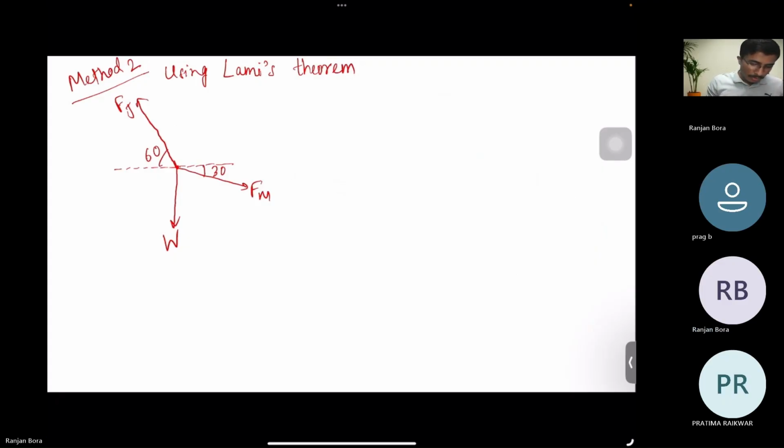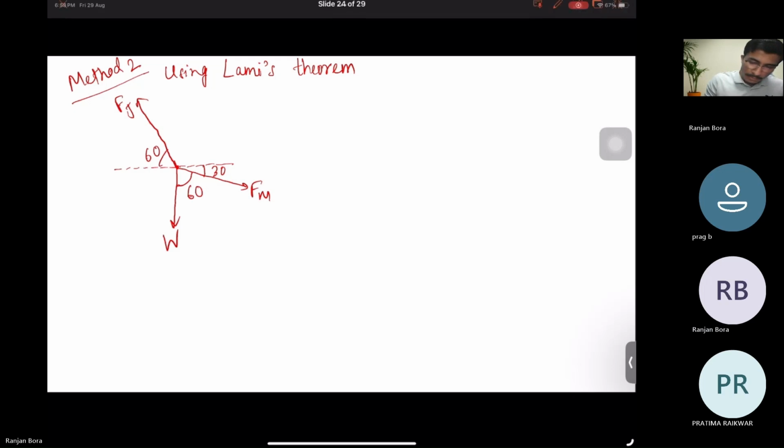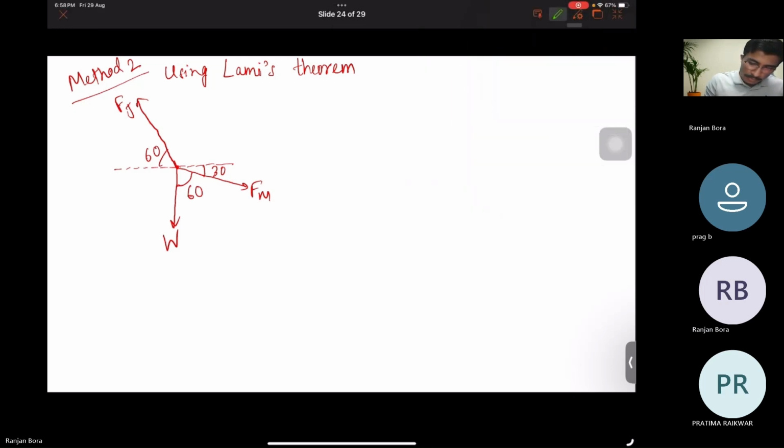So what are these angles? This angle is 60. What is the total angle? Total angle will be 90 plus 60, it will be 150. And what is this angle? 90 plus 30, 120.